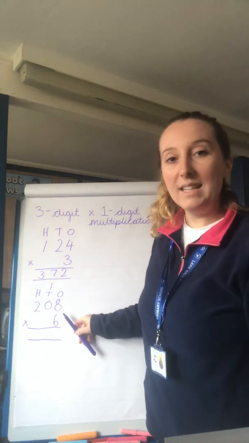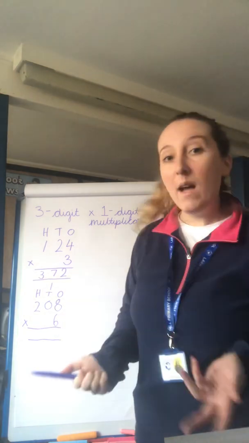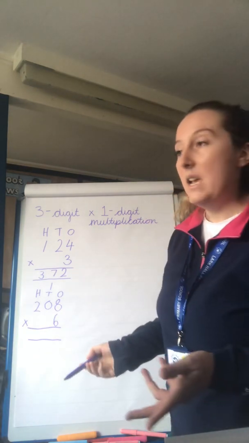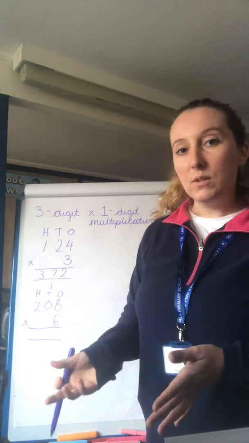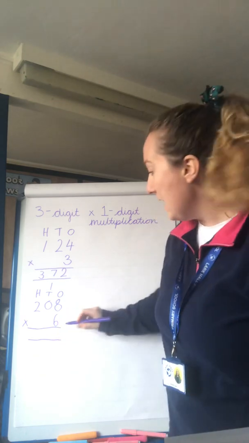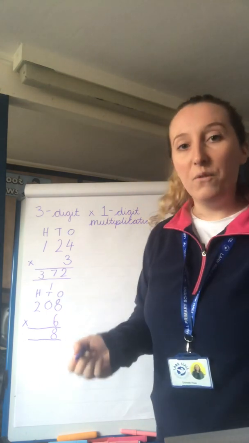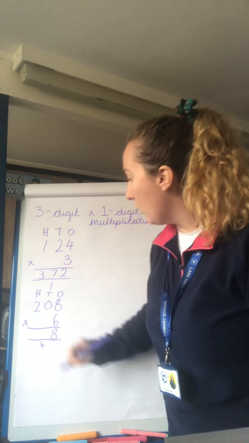So I'm doing 8 times 6. Oh, I know that 8 times 5 is 40, so I need one more lot of 8, so it's going to be 48. So I'm thinking about the number 48, and I'm thinking which number is in the ones column and which number is in the tens column. So in 48, I know that 8 belongs in the ones column, so I'm going to write my 8 here. And I know the 4 belongs in the tens column, so I'm going to write it underneath the tens column.